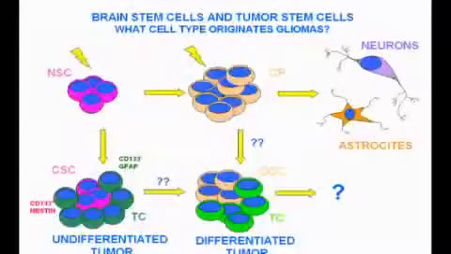It is an issue that has been in debate for many years. In the brain, we know that we have neural stem cells that during development occupy most of the brain, and then they remain in certain areas of the adult brain. This is relatively new, the presence of the neural stem cells.